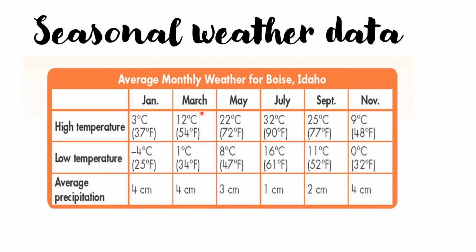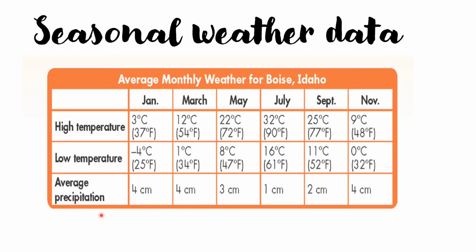The weather in the month of March is cold. The weather pattern in the month of May is moderate, or not too much cold. In July it is warm, September a little bit warm, and November again cold.